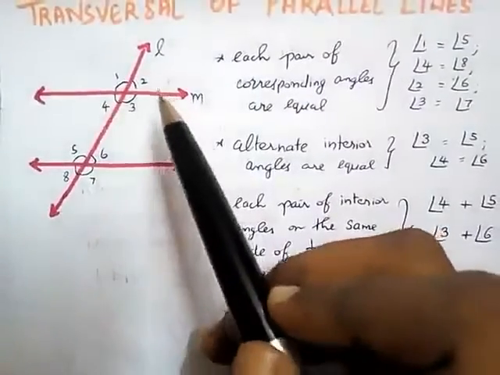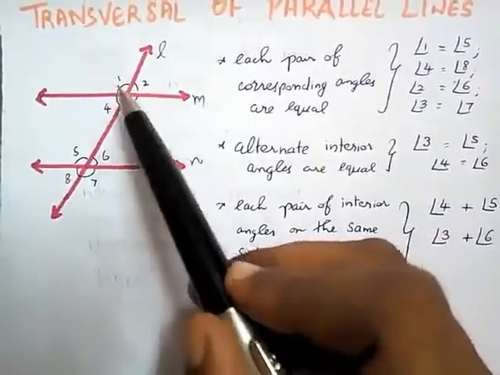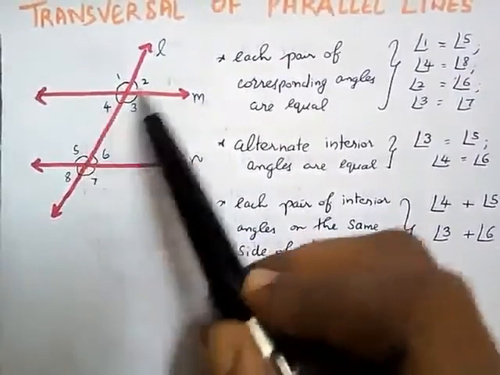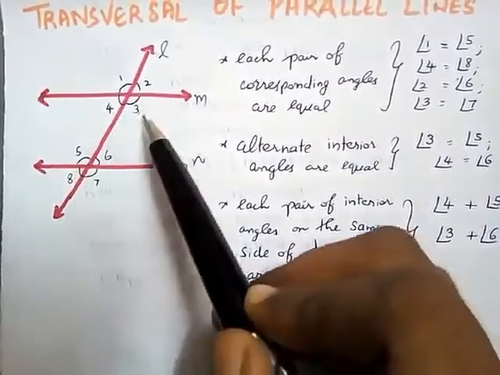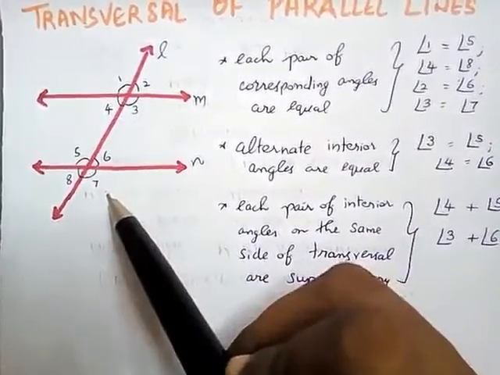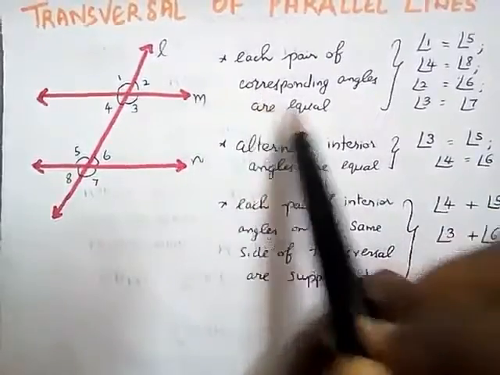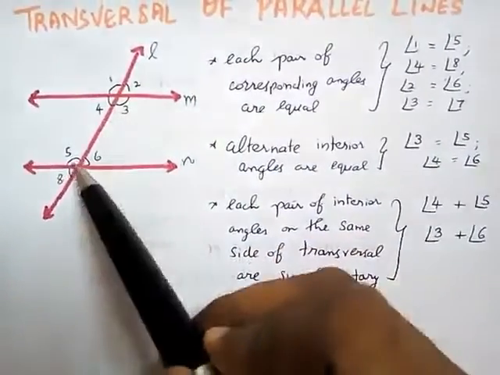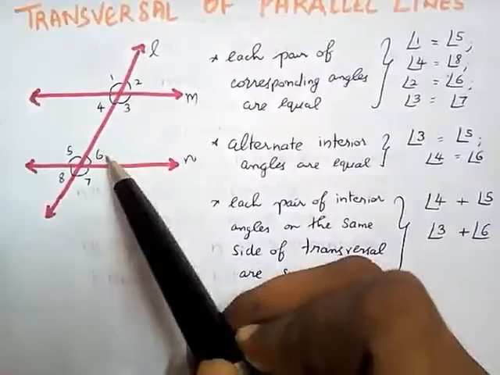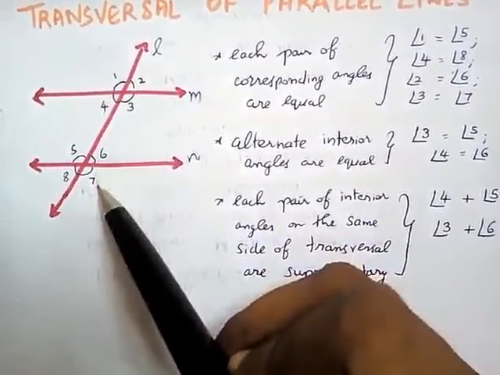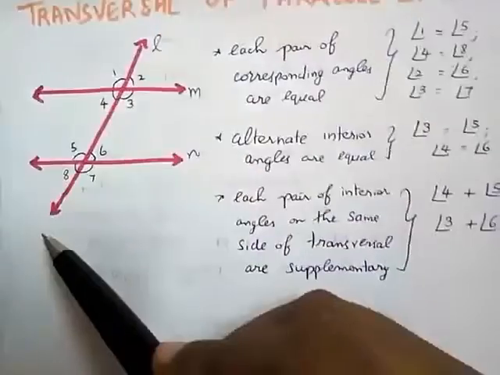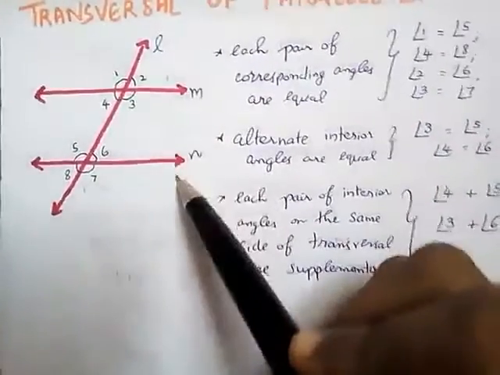As we already saw in the previous section, angle 1 and angle 5, angle 2 and angle 6, angle 4 and angle 8, and angle 3 and angle 7 are corresponding angles, and each pair is equal. That is, angle 1 equals angle 5, angle 2 equals angle 6, angle 4 equals angle 8, and angle 3 equals angle 7, only if the transversal intersects two parallel lines.